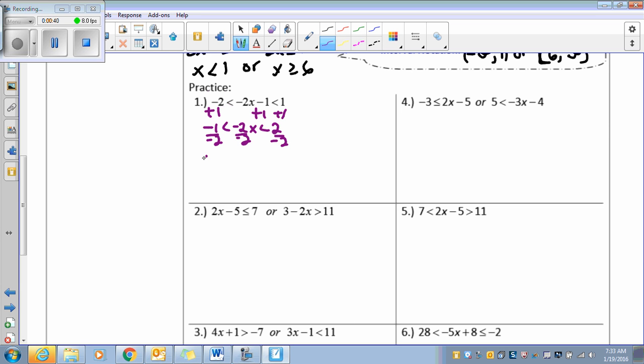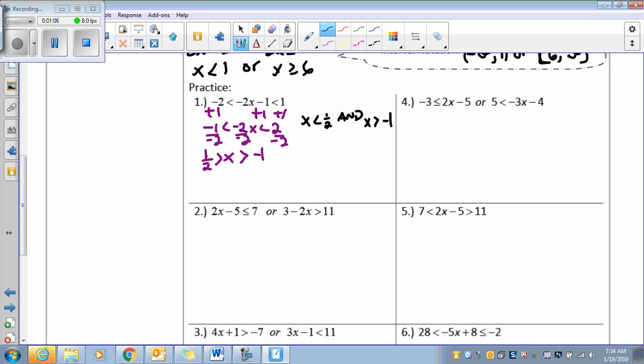So we're going to have 1/2 is greater than x, which is greater than -1. So you could write this as x is less than 1/2 and x is greater than -1.